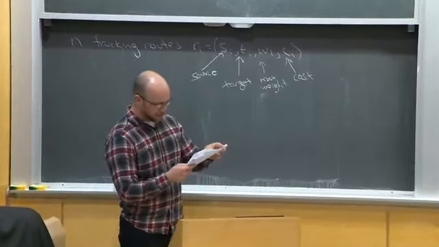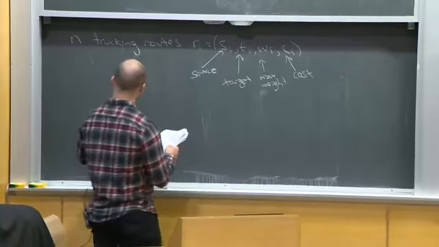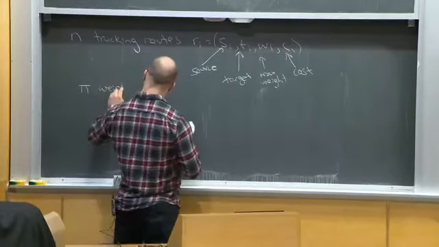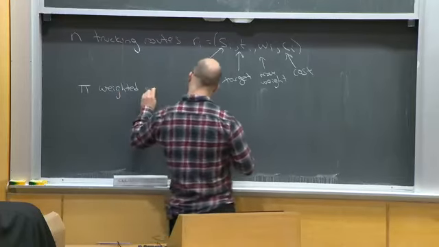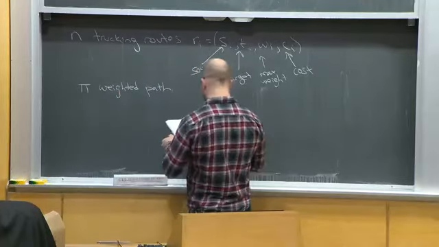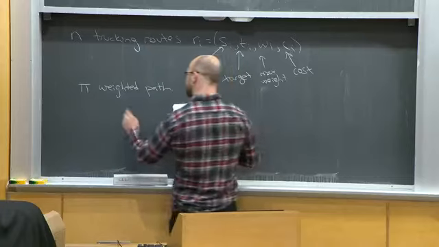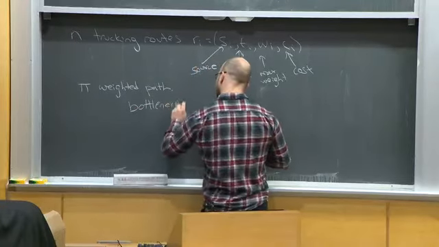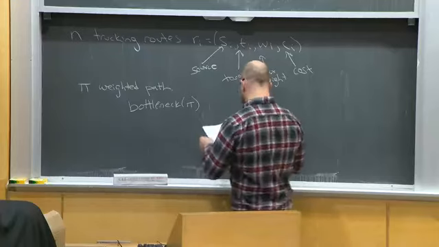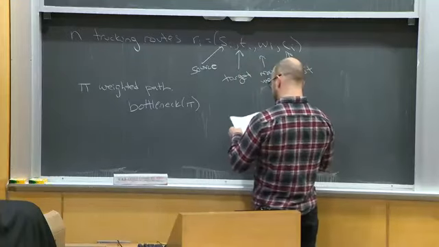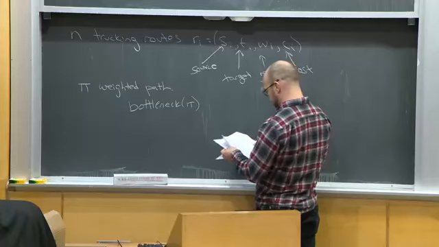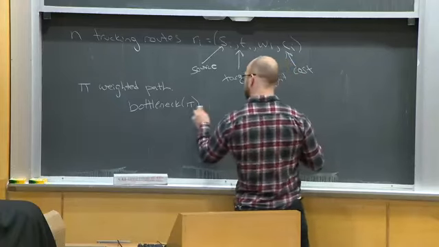But in particular, we're going to make a definition here. Let's say that pi is a weighted path. Then the bottleneck of pi is going to be the minimum edge weight of any edge in pi.